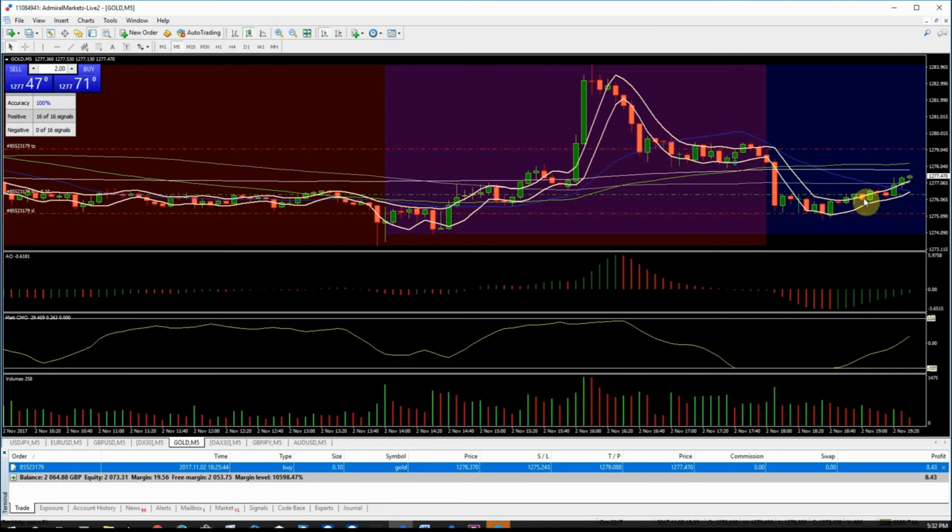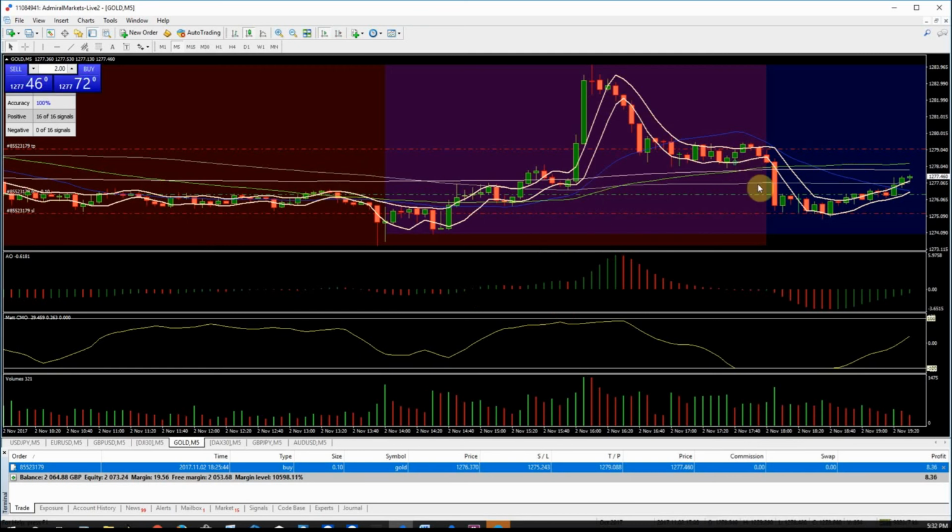We've made a little bit back on the second entry, so if this now does push up and hit target, then most of the loss will be recovered, probably a break even trade, but we'll have to wait and see what happens with that final part.